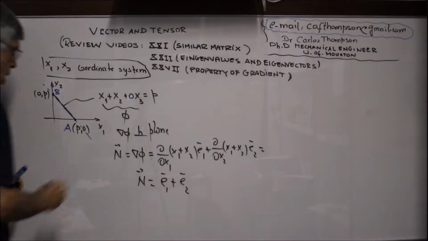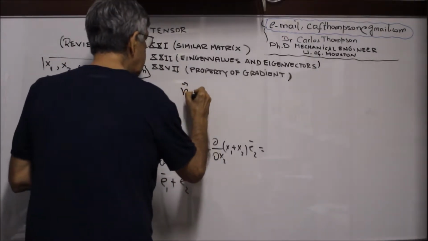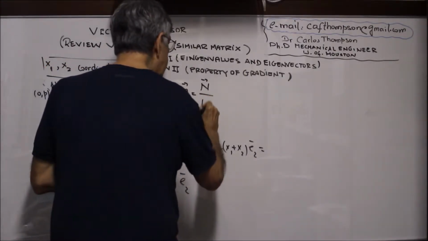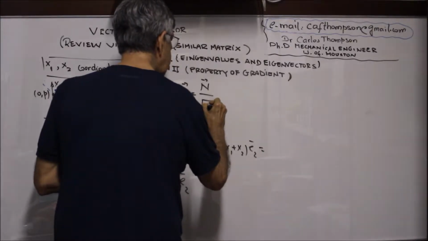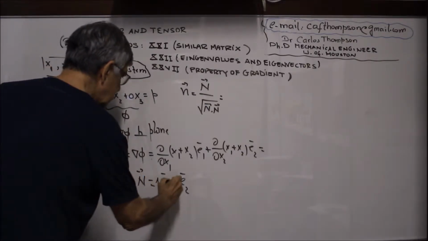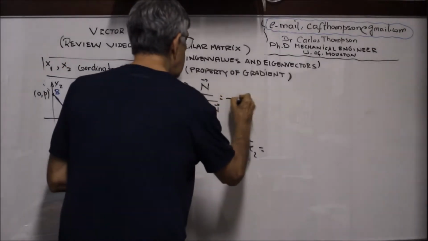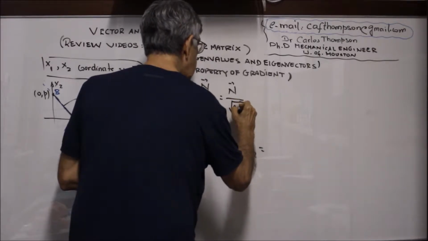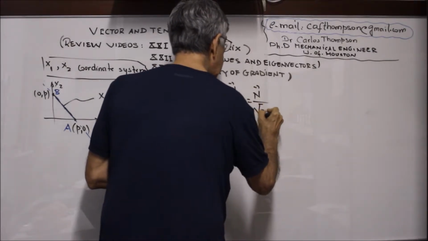This is the outward normal vector. Now we want to work with the unit vector. So n is equal to this normal vector divided by the magnitude of this vector, the square root of n dot n. You see, n dot n is 1 plus 1, so n is equal to the vector divided by the square root of 2.